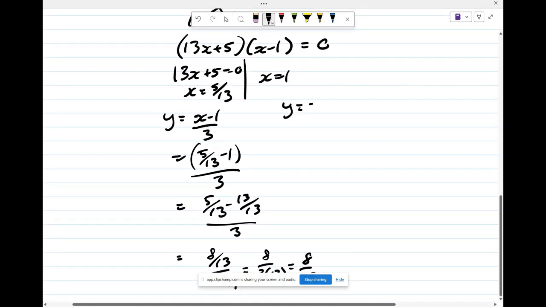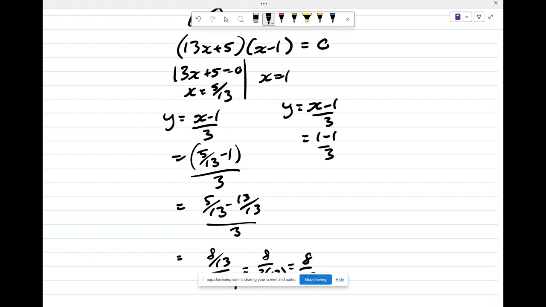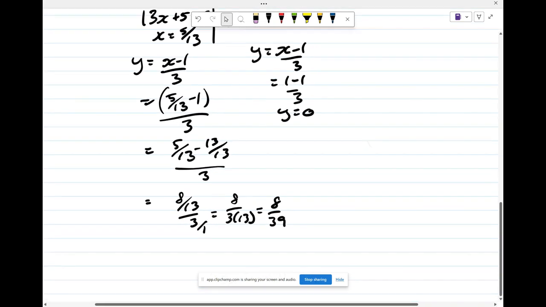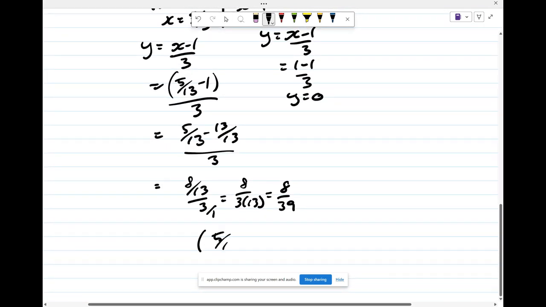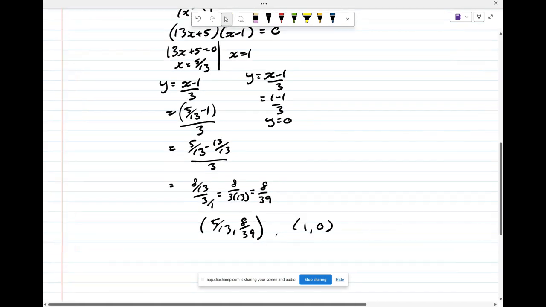And same thing, y equals x minus 1 over 3, so 1 minus 1 over 3, y equals 0. So our points are 5 over 13 and 8 over 39, and 1, 0. So those are the points of intersection.